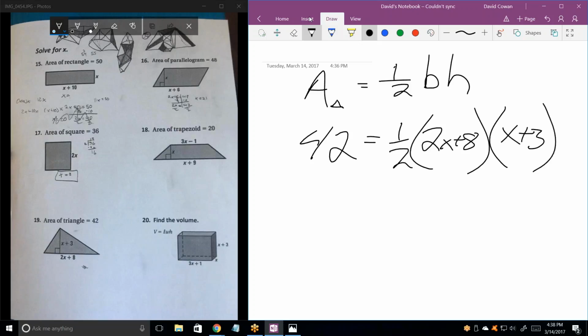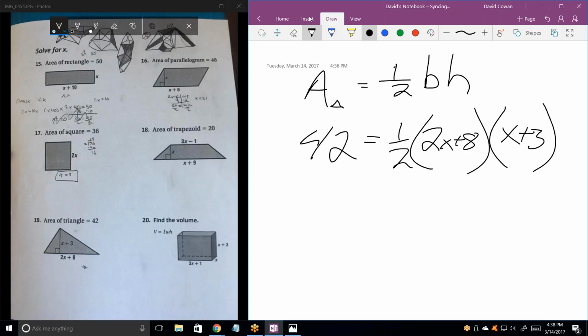Now, I've got to simplify this before I can solve it. But I don't like having fractions. So there's an immediate step that I can take to get rid of that 1/2. What is it? Just divide by half.